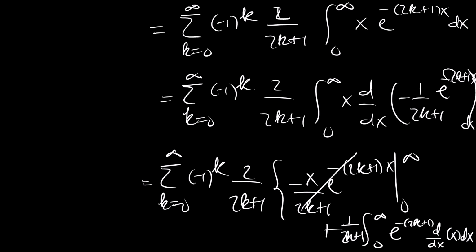So this goes to 0 again, because as x tends to infinity this tends to 0, and when x tends to 0 this tends to 0.